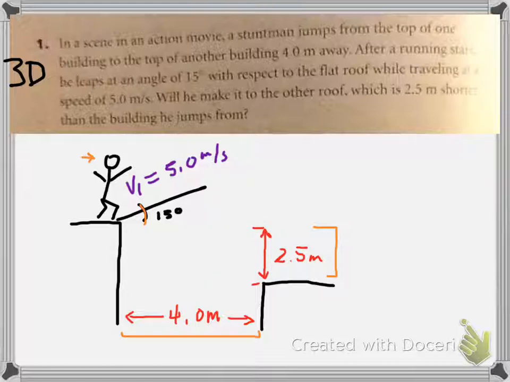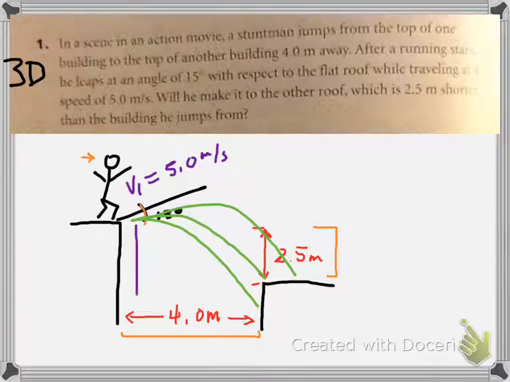We can imagine a couple different flight paths for this person. We could go like that. We could go like that. It could be like that. Not telling you which is correct, but what you're looking for is to find out how far they have fallen, what's their delta y, when delta x equals 4 meters.